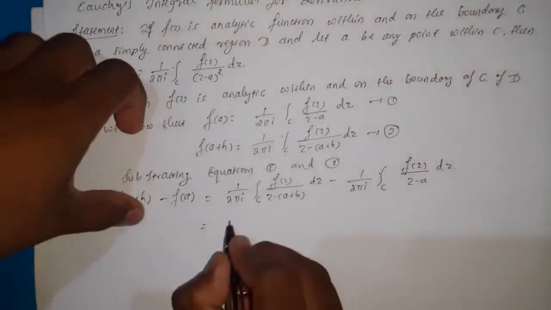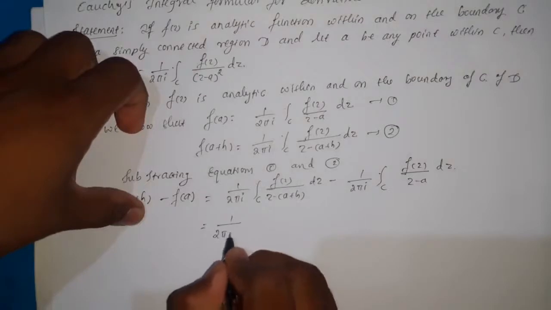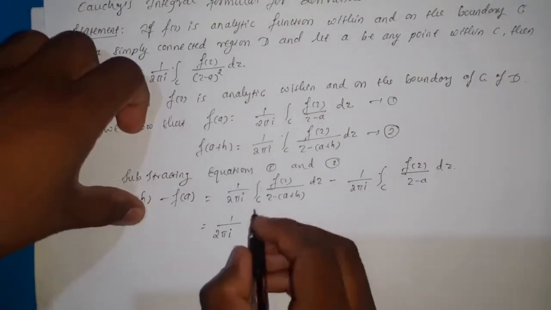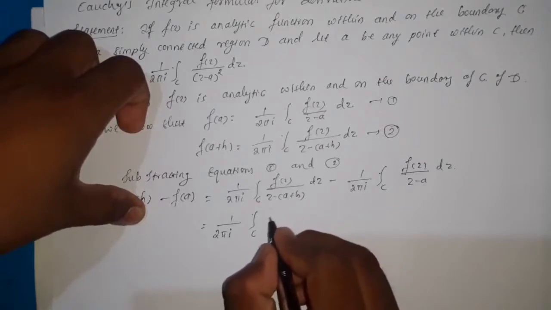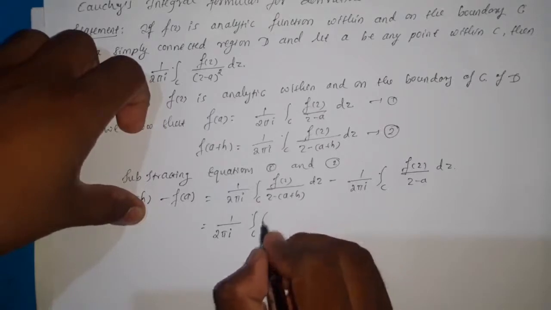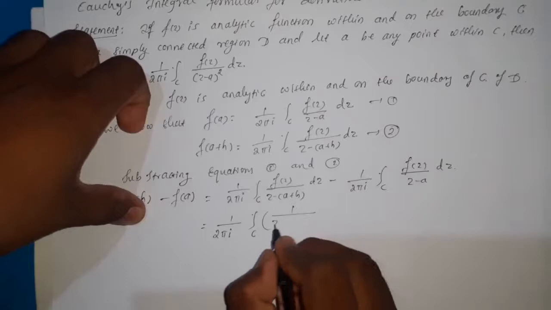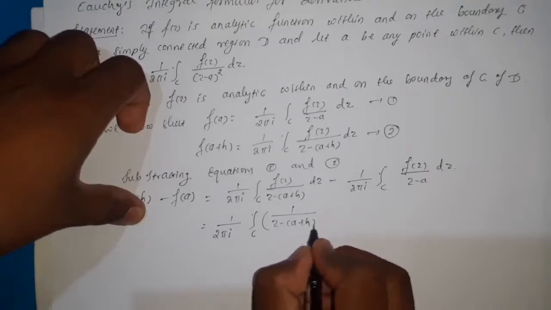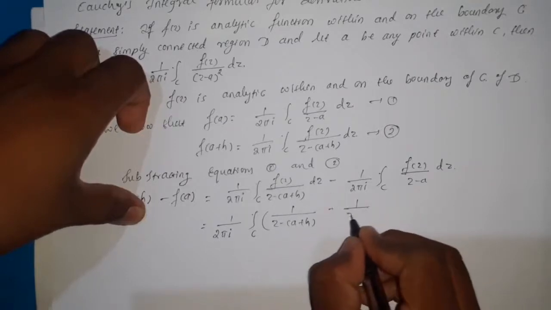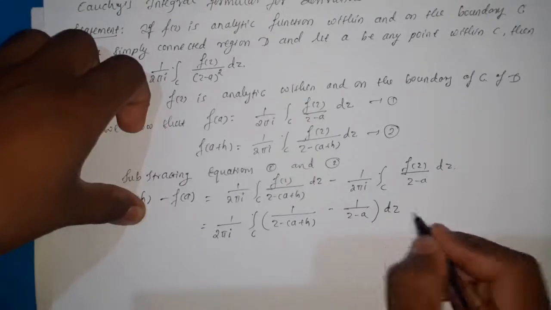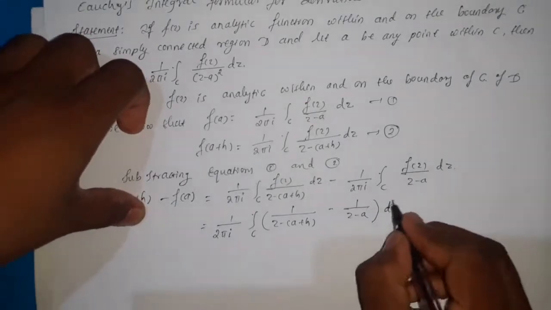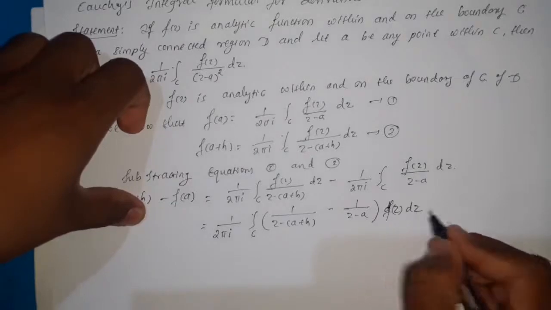So therefore here 1 divided by 2 pi i integration over C, and here 1 divided by z minus of a plus h minus 1 divided by z minus a, into f of z dz.